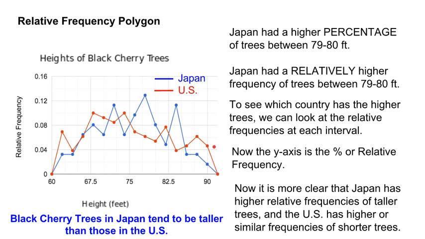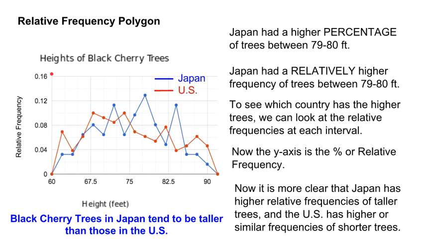So it's still not completely perfect, but it's still pretty clear that the Japanese trees tend to be taller than the US trees. Again, we do this by looking at the relative frequencies. What percentage of the trees are tall for Japan, what percent of the trees are short for the US, etc.